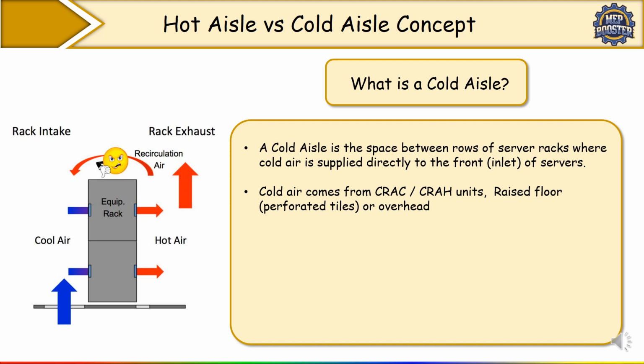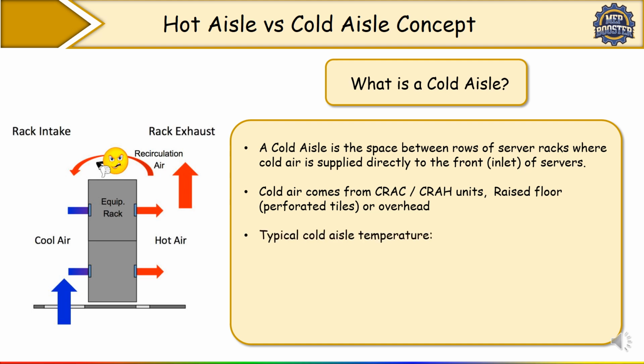So these units cool the air and push it into the data center. Another source of cold air is the raised floor system. Cool air flows under a raised floor and comes out through perforated tiles into the cold aisle. This is common in traditional data centers. And the next source is overhead cooling. Cold air is supplied from above, used in modern designs as you have seen.